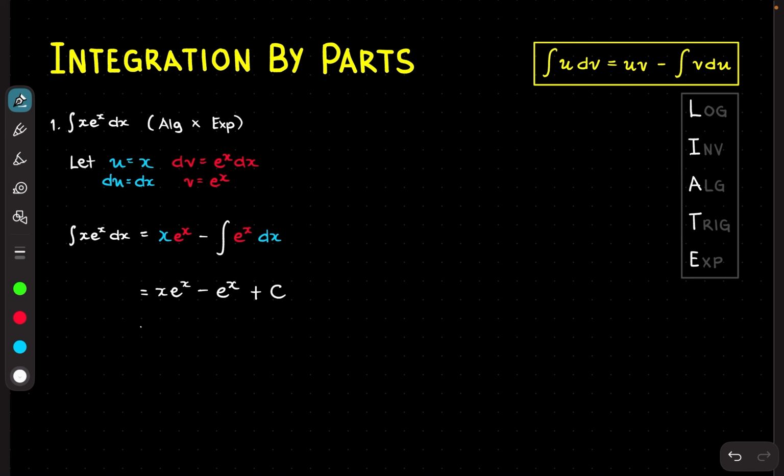So that is actually the answer. If you want to simplify it, you can also write it as e raised to x times x minus 1 plus c. So this is the answer for this problem.